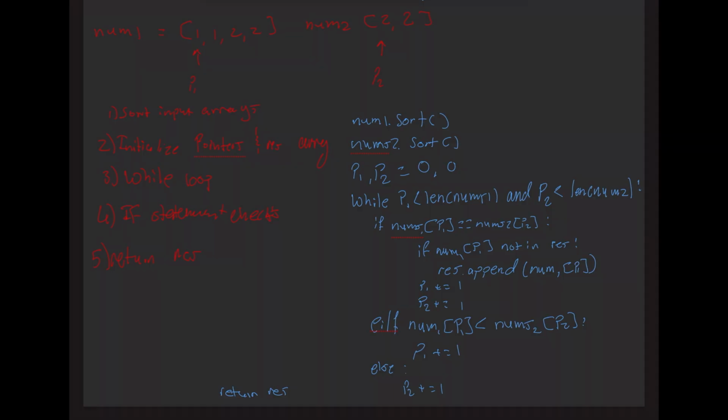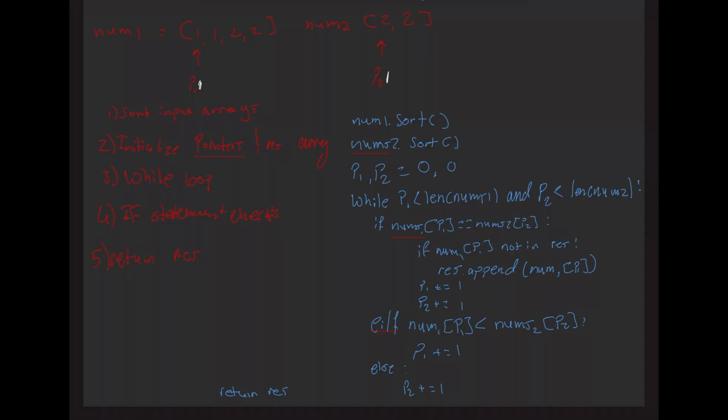So let's do a dry run here. Starting at 1, P1, and starting right here, we're going to do the check as long as we're in bound. Do we have values that match? We don't, but is P1 less than P2?